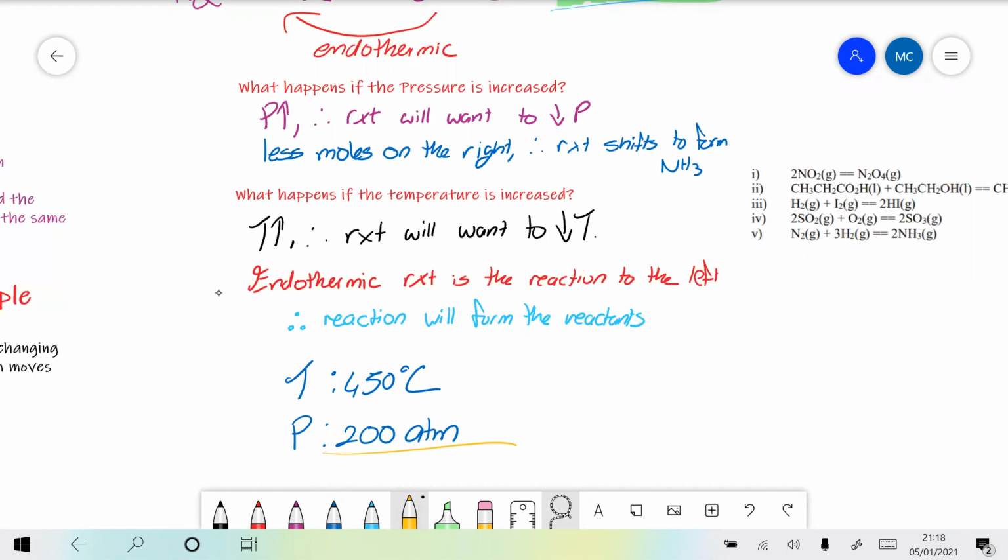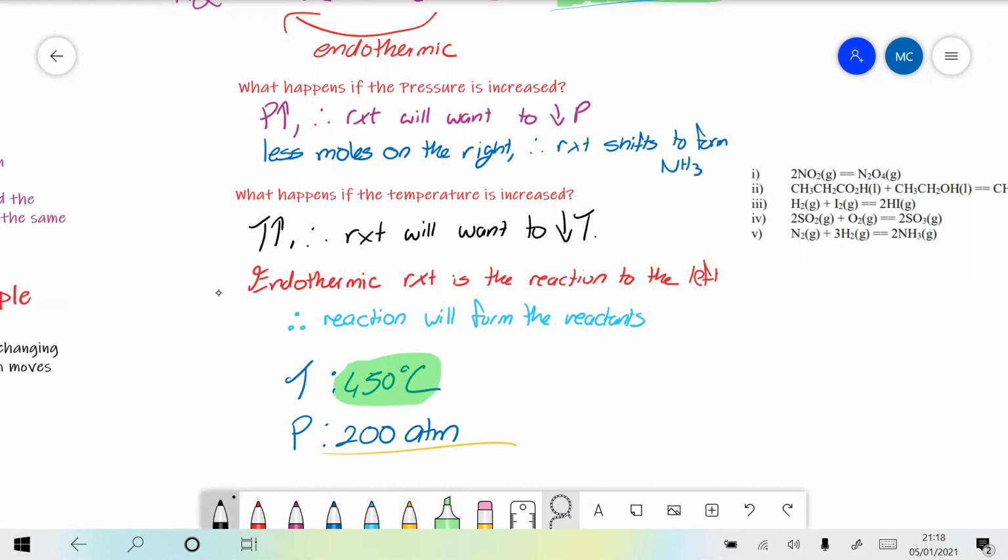We can say that the pressure is high, as expected through Le Chatelier's principle. So the higher the pressure, the more product will be formed. But the temperature is very high. And we'd expect that a higher temperature will shift the reaction to the left.